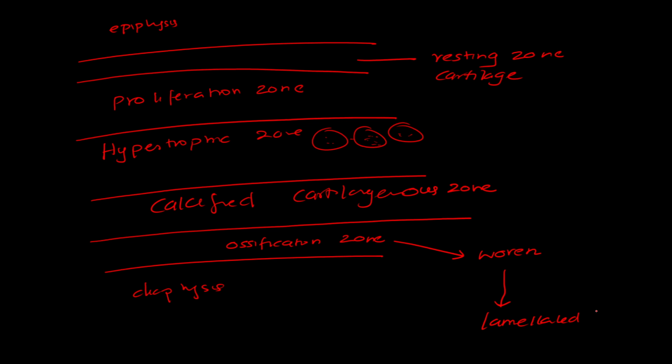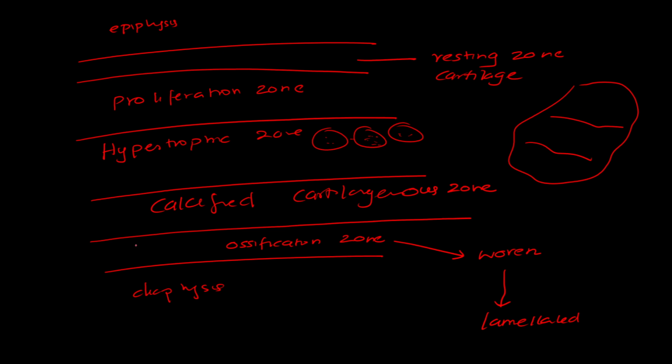So after that you would not see any translucent areas, and this is how X-rays can be used to identify whether a bone has grown or developed according to the age necessities.